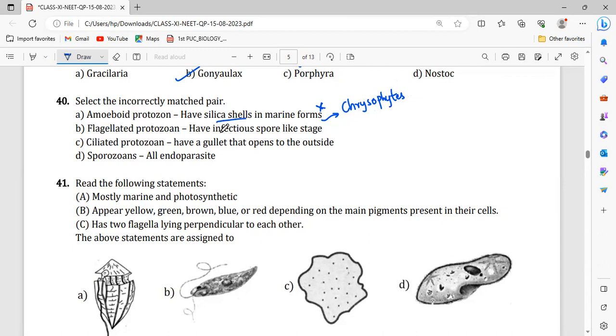They have flagella, and they have an infectious spore-like stage. That is correct. Ciliated protozoa, for example Paramecium, have a gullet which opens to the outside, so that they can take in food and the undigested materials can be released. Then sporozoans, all endoparasites, that is also correct. Example, Plasmodium, which causes malaria. So here the answer will be option A.